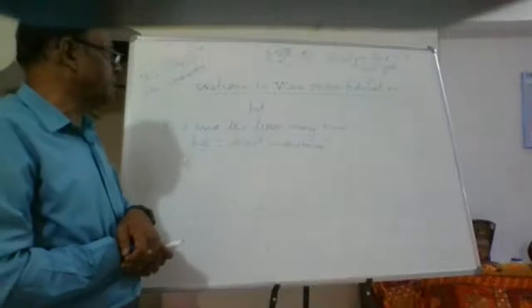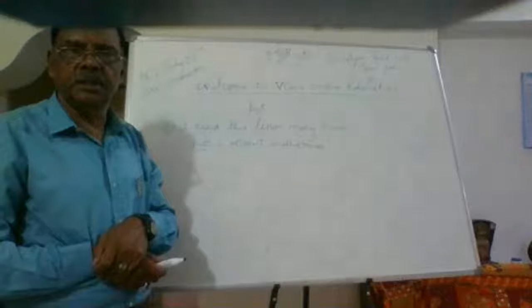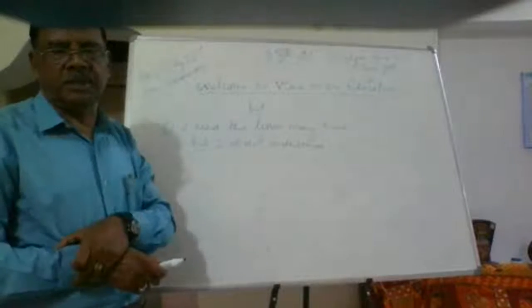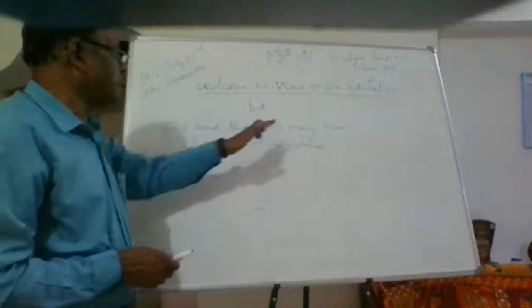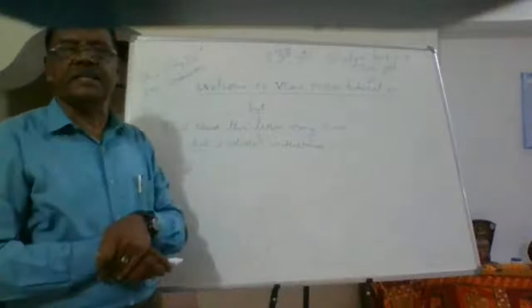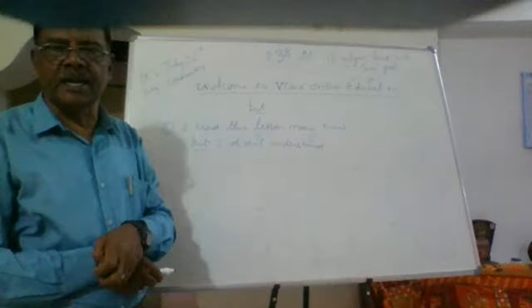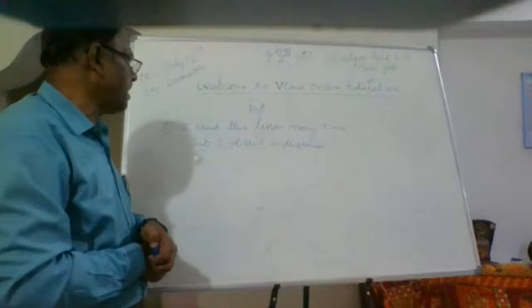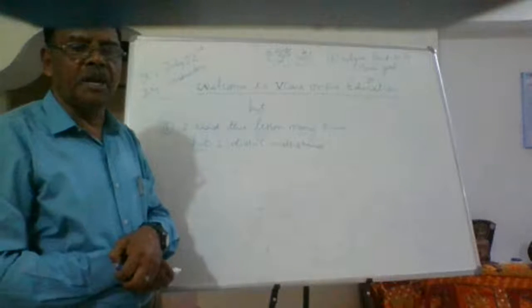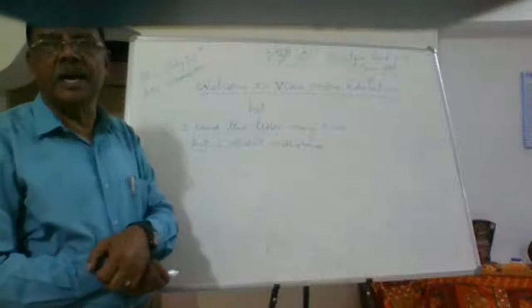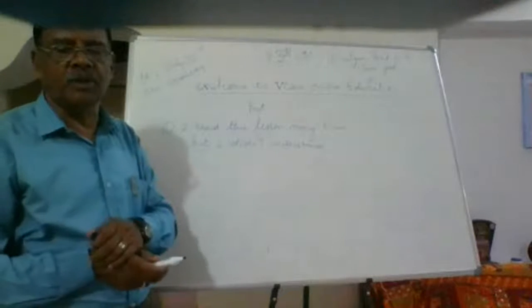You cannot say this: I read this lesson many times, but I understood. It is always opposite. I read this lesson. This is not read, it is pronounced read. I read this lesson many times, but I didn't understand. Like even after reading many times, I did not understand. So but is always opposite.